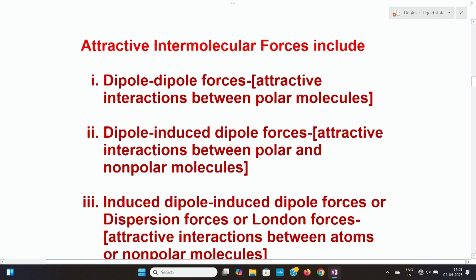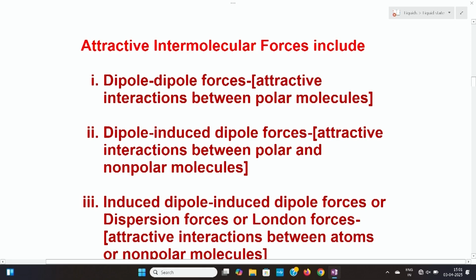Dipole-induced dipole forces are the attraction forces between one dipole molecule and another induced dipole molecule. And induced dipole forces are between two nonpolar molecules.